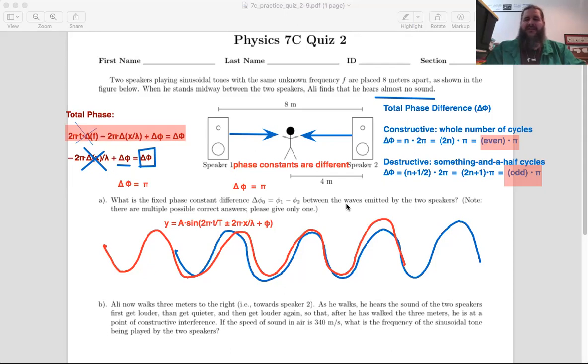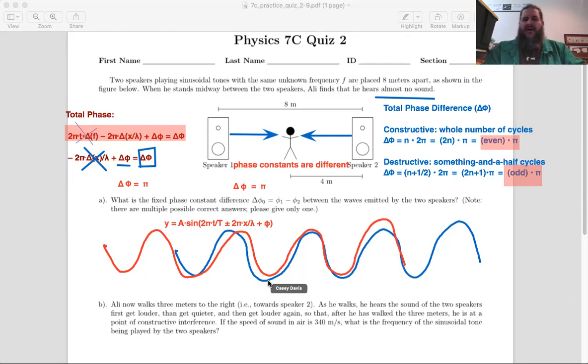So what would be the difference in phase constant there? If they're offset by how far apart are a crest versus a trough in one cycle? What fraction of a cycle is that? Half, so it would be like 1 pi. Exactly.